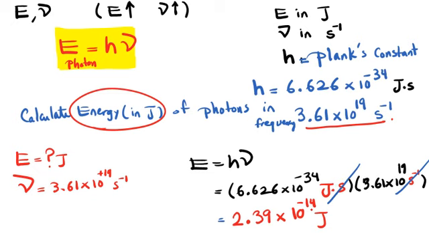So it looks like this is the answer for this example. Please double check to make sure you have the correct answer. It looks like the amount of energy is very small when we have photons, and that totally makes sense, because electrons or photons can carry only a small amount of energy.